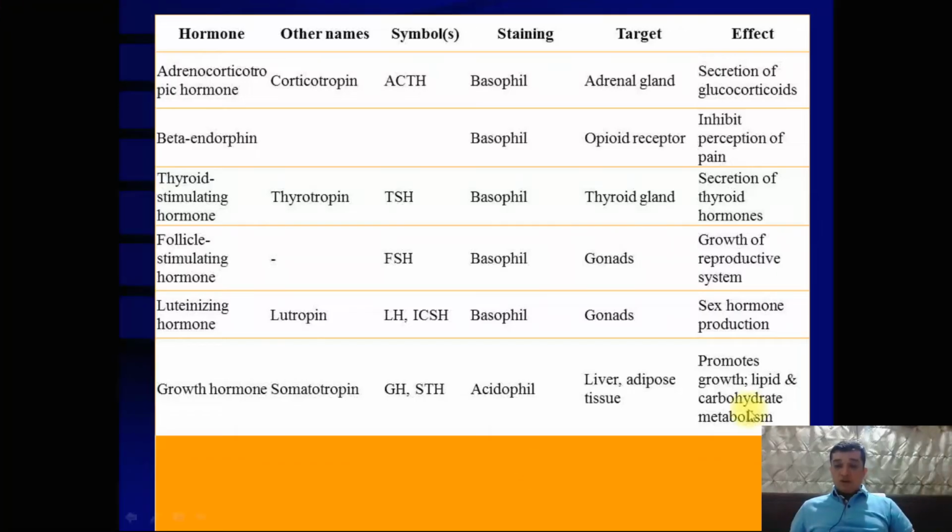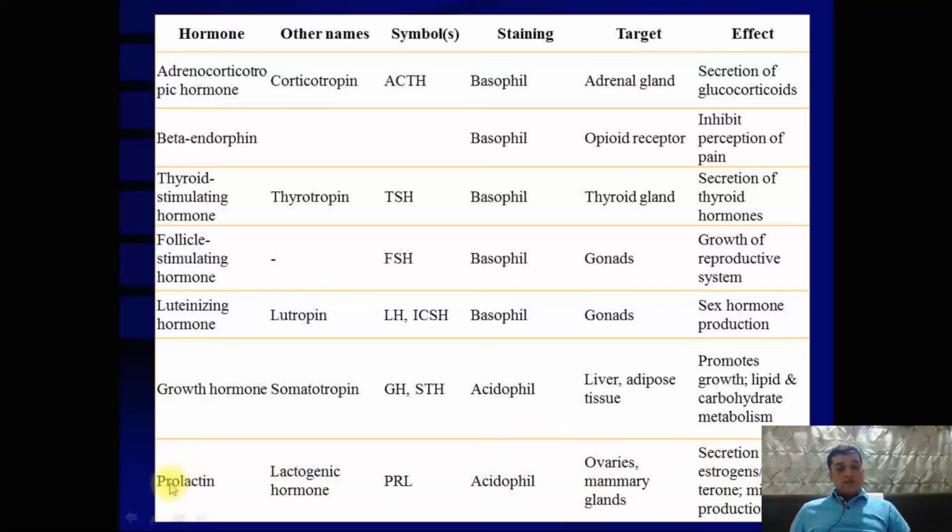So catabolic effect on carbohydrates, catabolic effect on lipids, but anabolic effect on proteins, right? That is the metabolic action of growth hormone. And definitely up to an age, up to the age of 15 or 16, the growth of the organs is promoted under the influence of this growth hormone.